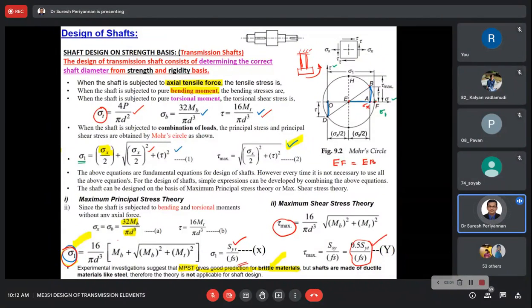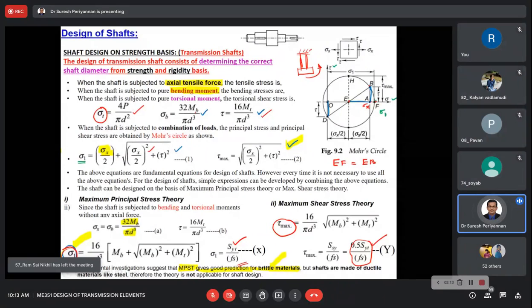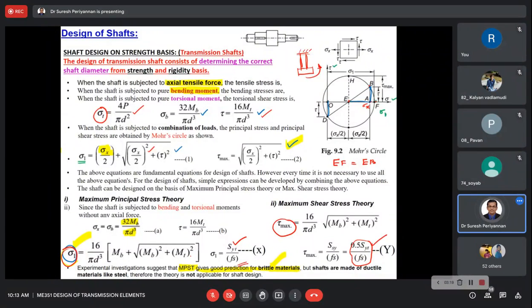Hence, instead of sigma x, I substitute my bending stress value, and we get the maximum normal stress in terms of bending moment and twisting moment, torsional moment.